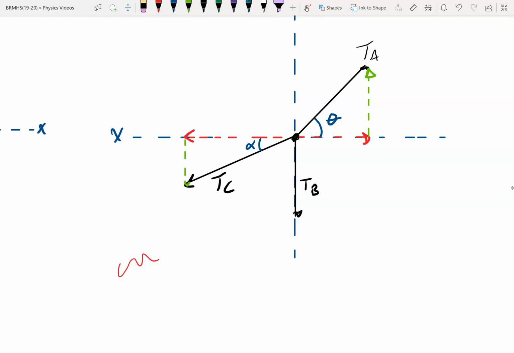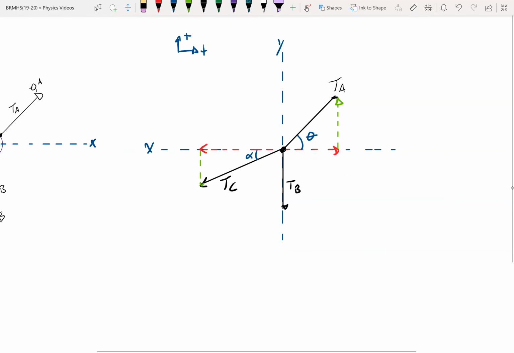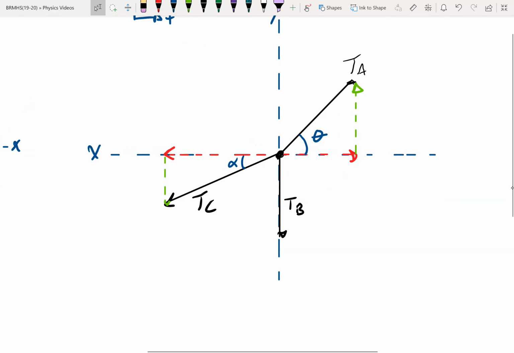Whenever we have forces at angles, we need to give the names of the component pieces. Those pieces in red and green, we have to give them their values in terms of the hypotenuse and sine or cosine of the angle. So this hypotenuse, I'm in the first quadrant, TA, that's where it is.